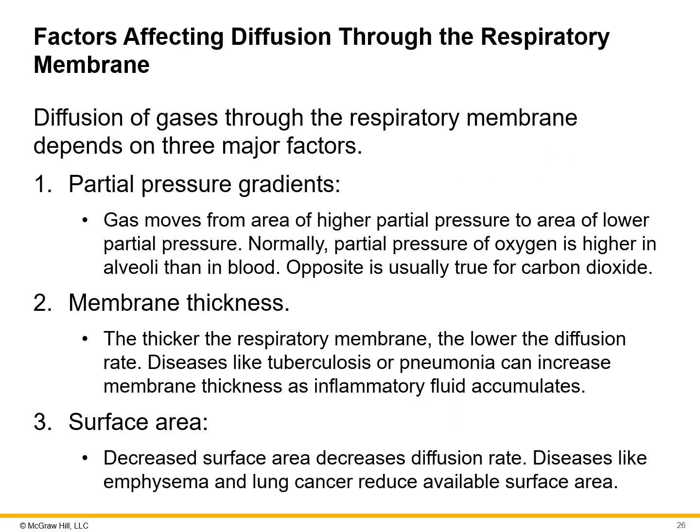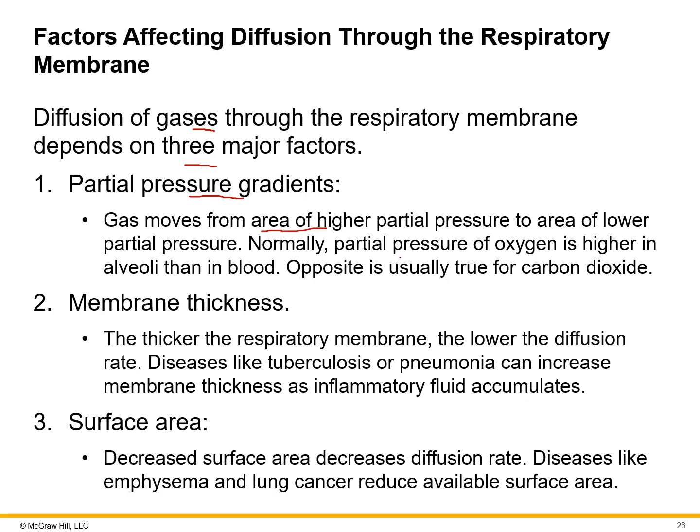All right, so some factors that can affect this. The diffusion of the gas through the membrane. Again, that respiratory membrane, that's whenever we have the membrane of the alveoli up against the endothelial membrane of the capillaries. There are 3 main factors that affect that diffusion. First, the partial pressures, as we mentioned, the gases move from high to low pressure.